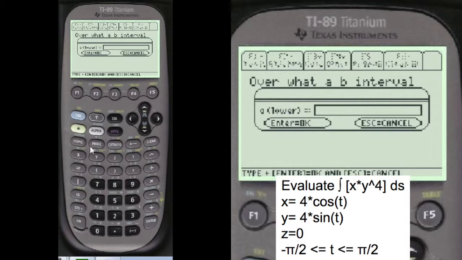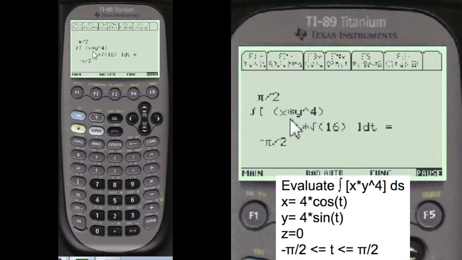It's over the range of alpha minus pi divided by 2 to the range of alpha pi positive divided by 2.